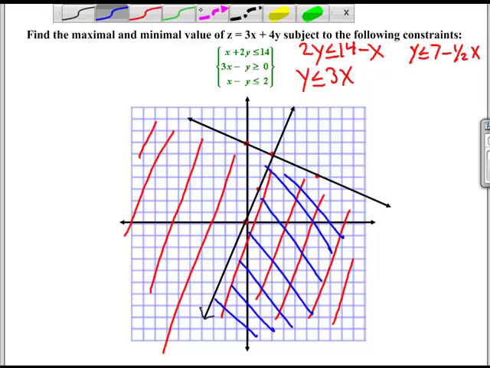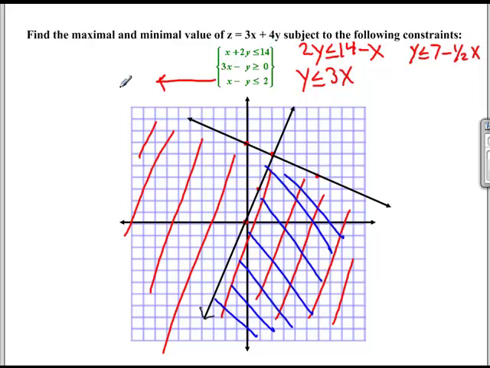But we have a third one, and that is x minus 2 is less than or equal to y. So that starts at negative 2, and its slope is positive 1. We're going to see it's up 1 over 1, up 1 over 1, up 1 over 1.